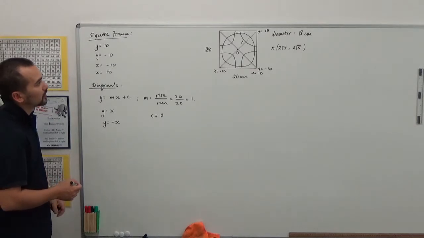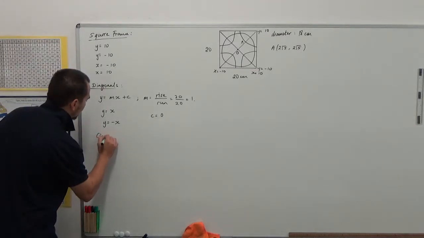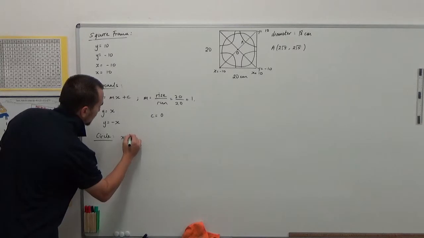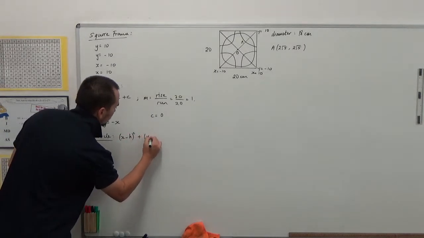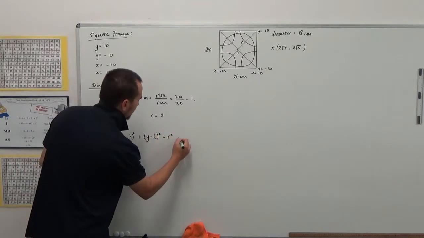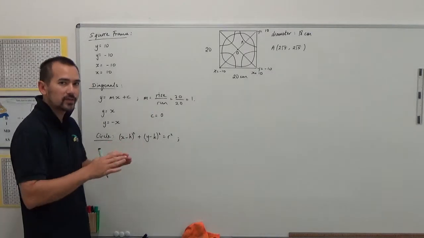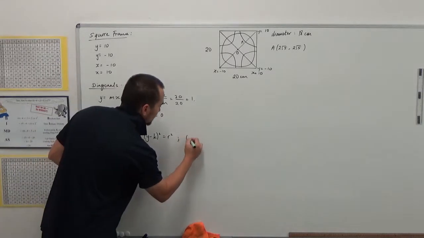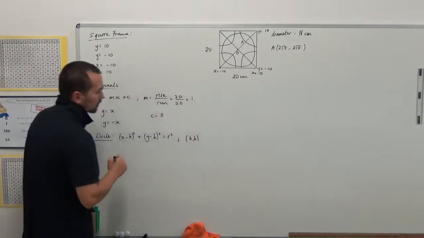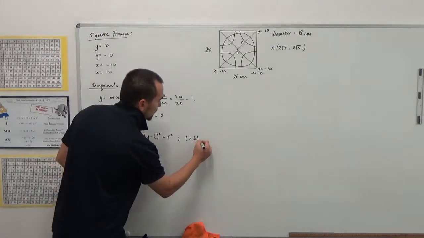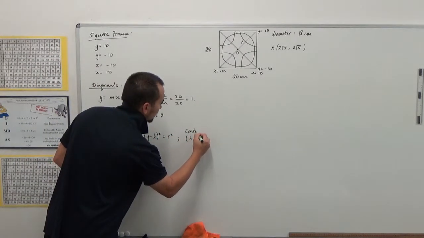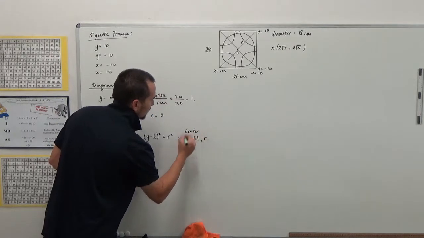So that's the diagonals. Then we have the circle. The formula for a circle is (x minus h) squared plus (y minus k) squared is equal to r squared, where h and k are your horizontal shift and your vertical shift, otherwise known as the center, and r is the radius. I'll just make note: center (h, k), and radius r.